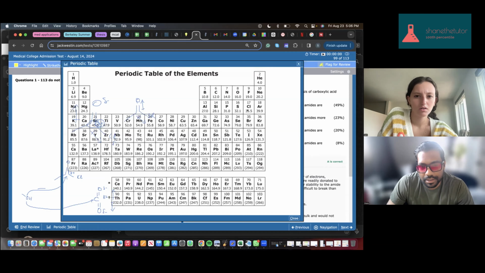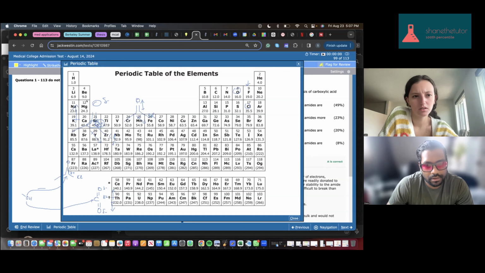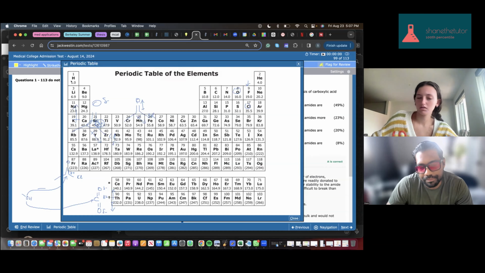The order of electronegativity is F, O, N, Cl, bromine, iodine. Okay, then we could say that it's just from the R group.